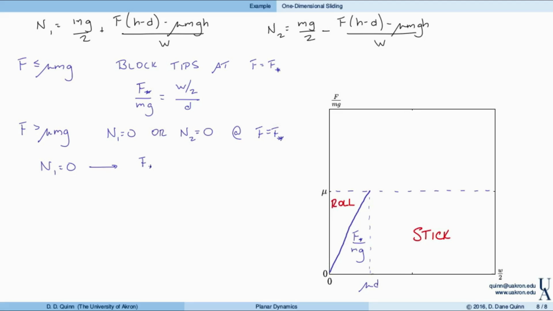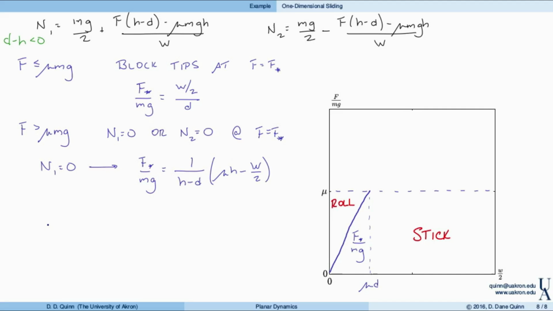In particular, f star over mg is equal to 1 over h minus d, now, because we're looking at the case of d minus h less than 0, so h minus d is going to be positive, and then mu times h minus w over 2.